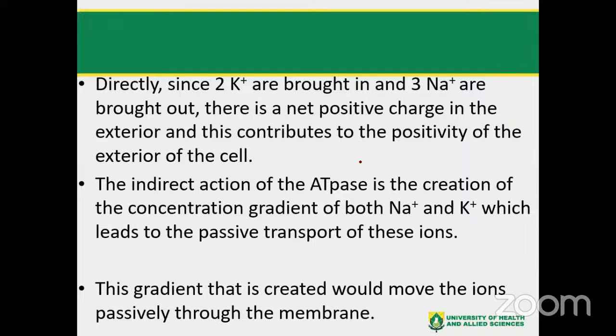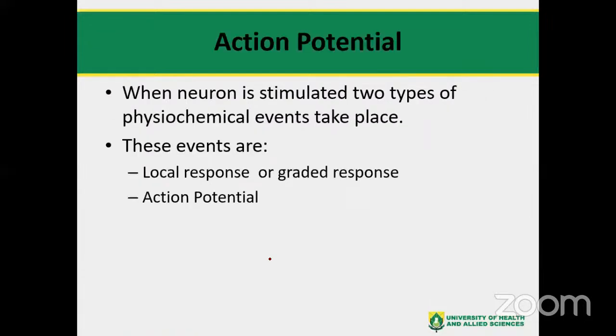This also creates a concentration gradient, and this gradient brings about a passive movement. Newman, you were asking, this is what we are talking about, passive. So it brings about passive movement across the plasma membrane. That is a resting membrane, when a neuron is not stimulated.